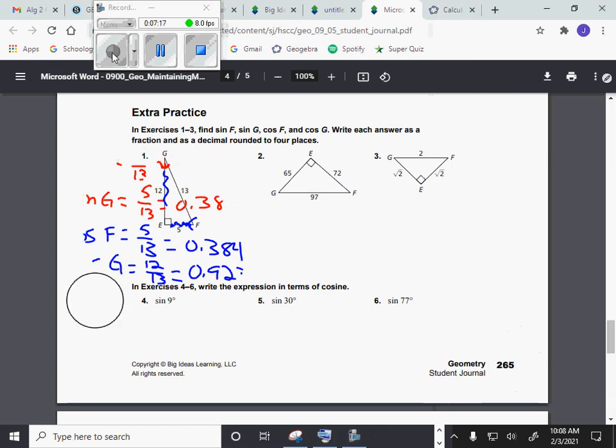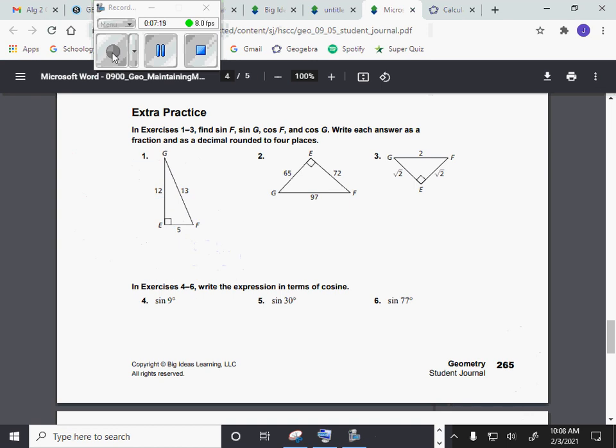Okay, number 2. I'll just do the sine and cosine of 1. So the sine of f is 65 over hypotenuse 97.